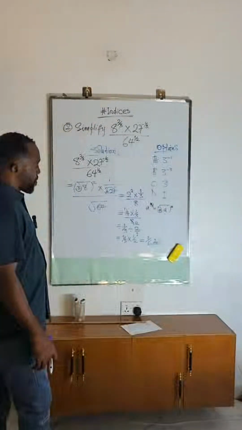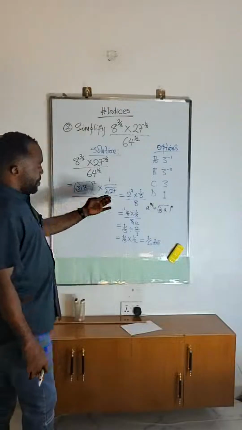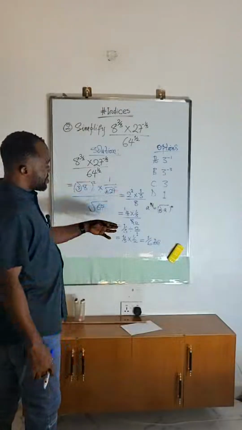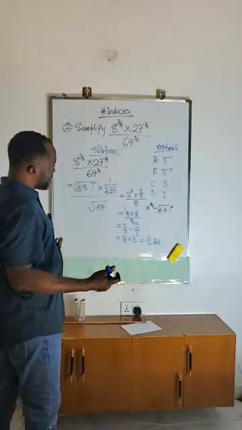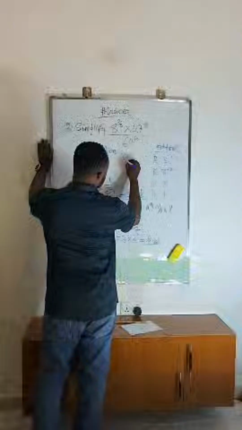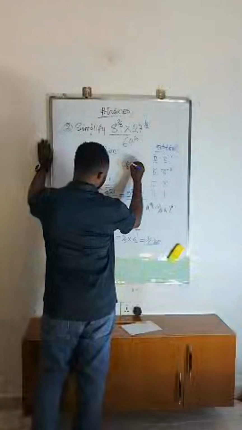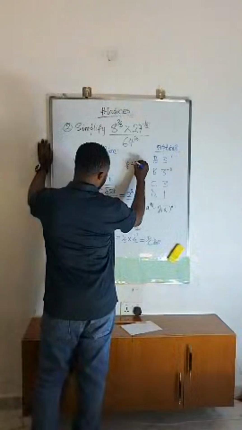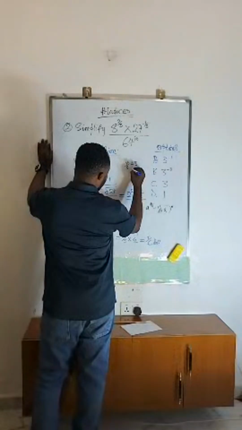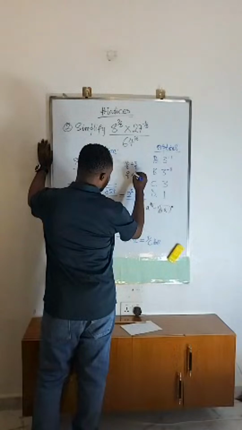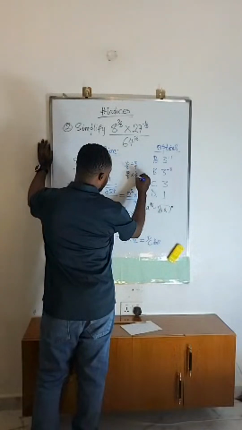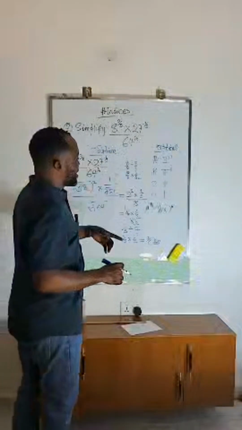If you still see 4 over 3 divided by 8, that is 8 over 1, and then 4 over 3 multiplied by 1 over 8, you will still have 1 over 6.